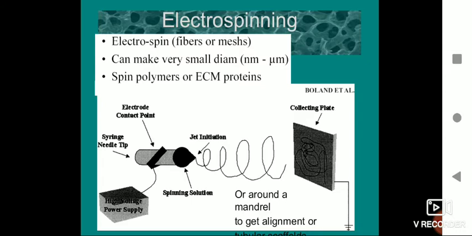Similarly, in electrospinning also, you can make very small, thin fibers, which are then plated on a sheet in the desired shape.